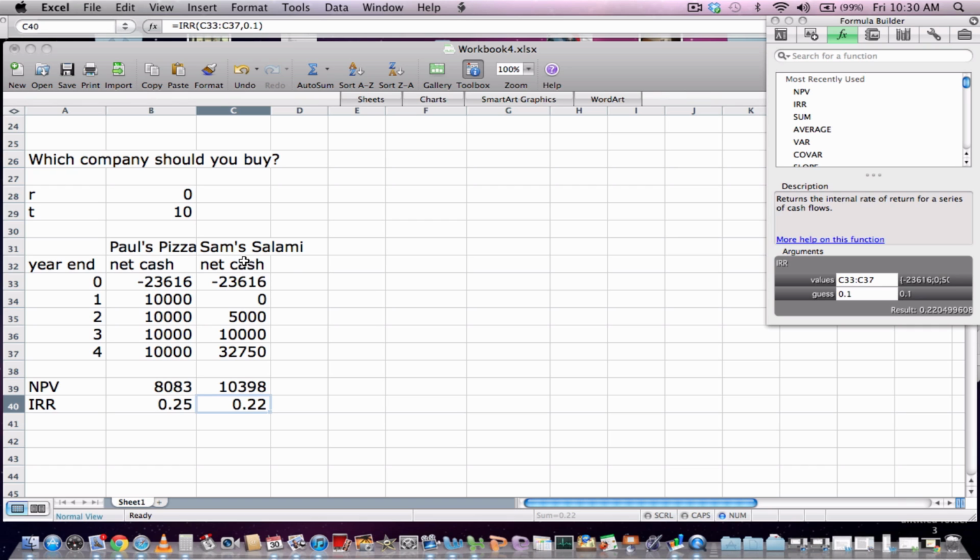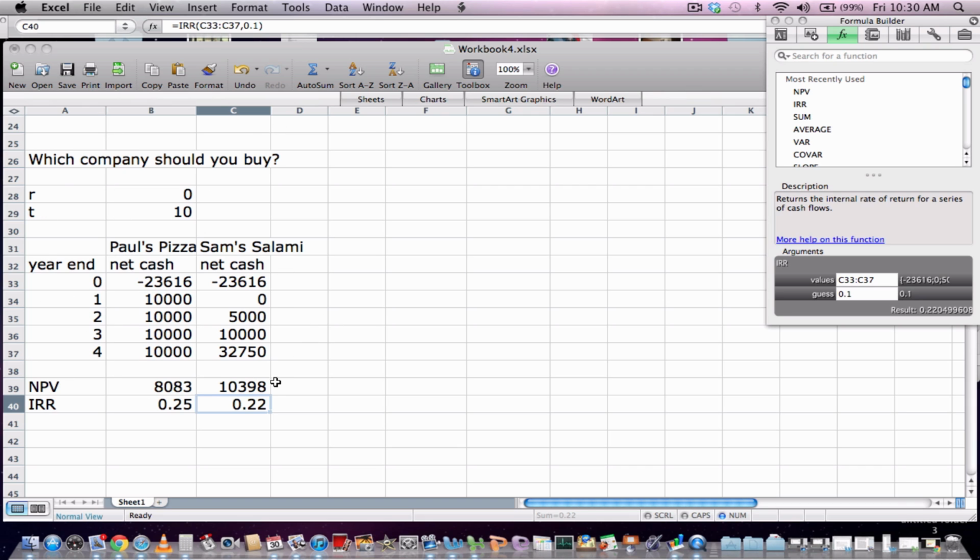So from an investor's standpoint, Sam's Salami adds more value, around $2,000 more value to whatever corporation or your personal investments.